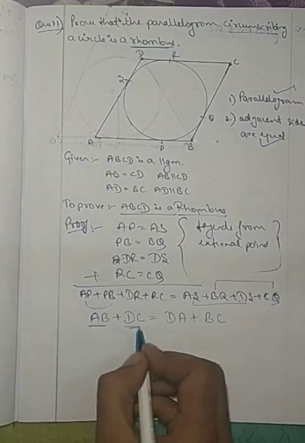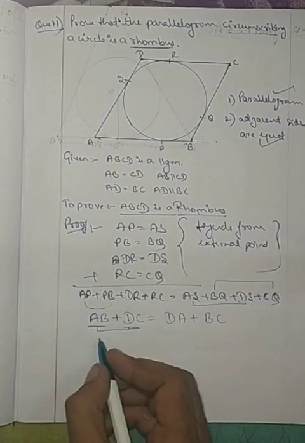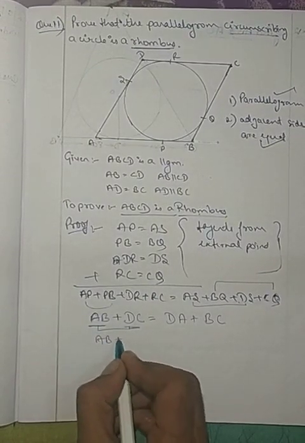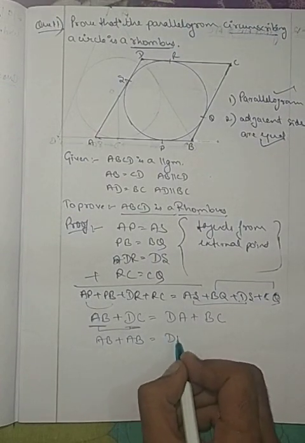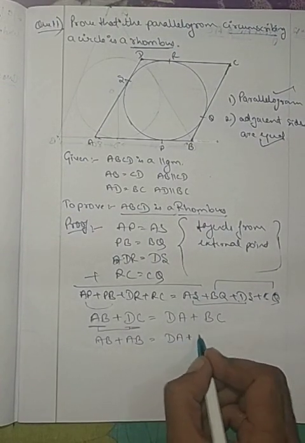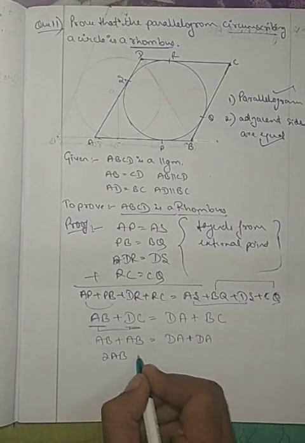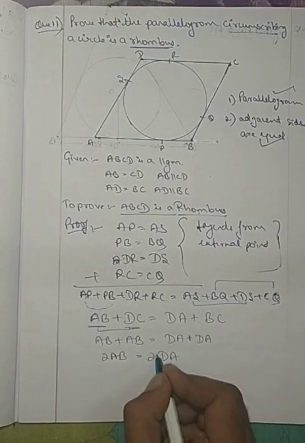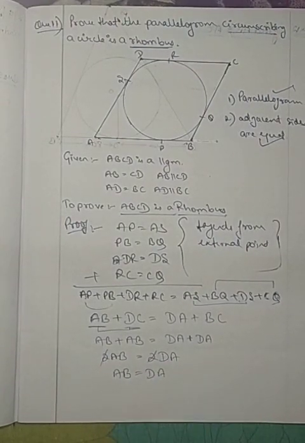What about AB and DC? AB and DC are the opposite sides of the parallelogram, so both will be equal. In place of DC, we can write AB. BC and DA will also be equal, so we will write DA. Twice AB is equal to twice DA. 2 cancels with 2. What we got? AB is equal to DA.